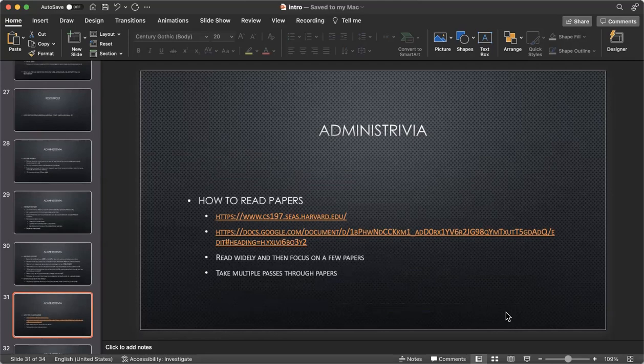Essentially it just boils down to read widely and then focus on a few papers and then take multiple passes through papers, and don't feel like you have to understand everything on the first pass. Just keep on reading it and take notes, and all those notes, by the way, can go into your report as well. So think of this as reading and writing going along together.